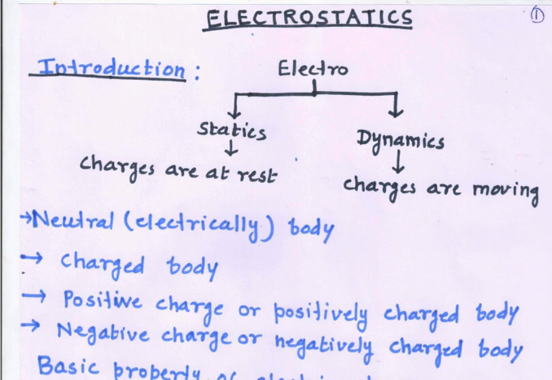Positive charge means the electrons are removed from the conductor or the body, and otherwise, if they are added to the conductor, we say the body is negatively charged.